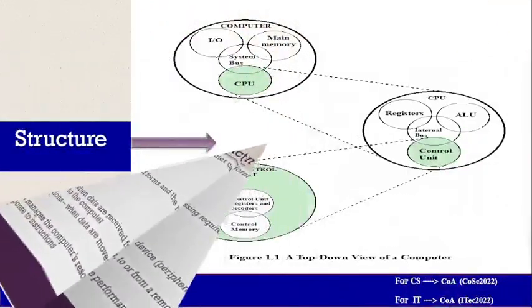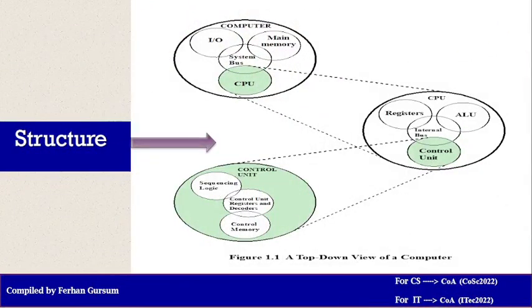When we say structure, let us see. This is the structure. For example, a computer contains input output. From input output, by the system bus, it may go toward what?